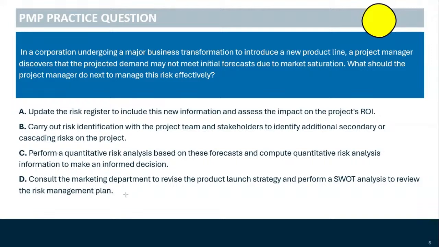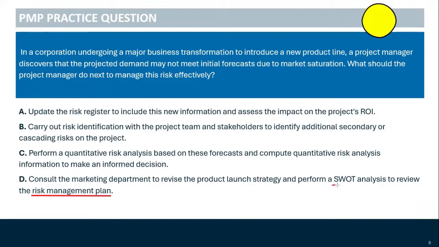So consult the marketing department to revise the product launch strategy and perform a SWOT analysis to review the risk management plan. Well, the risk management plan is a plan that guides you on how to address risks on the project. It is not the risk register. So we may not have to adjust the risk management plan.